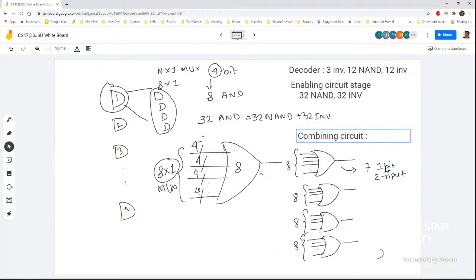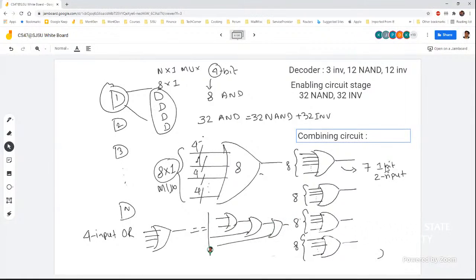So why? Because if you see, if it is a 4-input OR gate, it's basically a cascading configuration of 3 OR gates with 2 inputs, right?